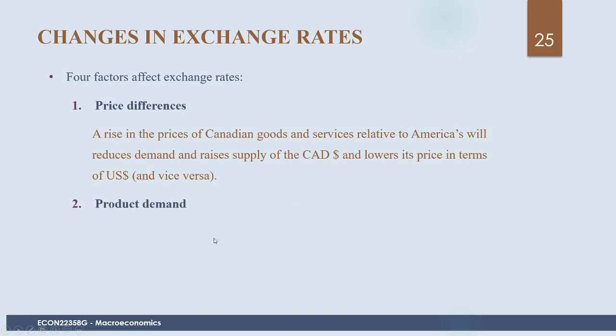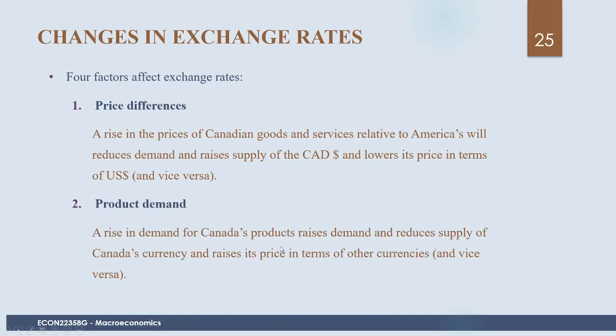Now, product demand. So a rise in demand for Canadian products would raise demand and reduce the supply of Canada's currency, and it raises its price in terms of other currencies. So, we're basically saying here, if there's an increase in the demand for a product, that's going to increase its price. Okay.